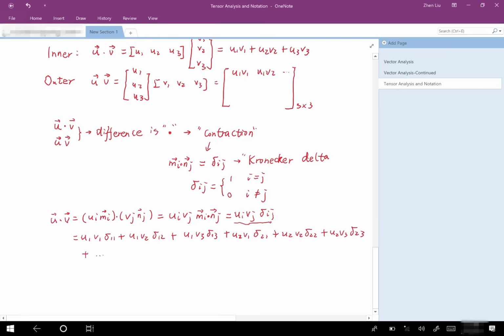And also there are 3 other terms. But you can take a look. Here, delta 1,1, in this case 1 equals 1, right? So it's 1. But for the second one, delta 1,2, this should be 0, right? And keep going, this is also 0. So you will find that eventually we get u1 v1 plus u2 v2 plus u3 v3. So this is u_i v_i.